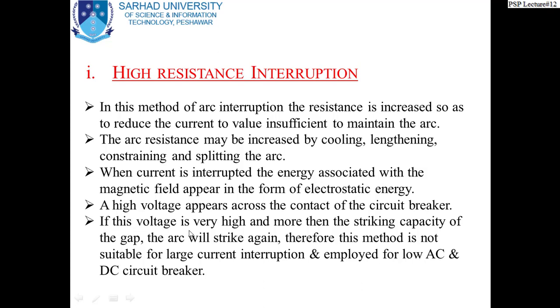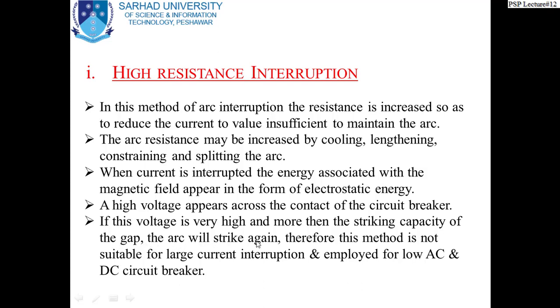Okay, if this voltage is very high, this is a very important point. If this voltage, I mean the transient voltage, is very high, you will see that transient spike is very high. If this voltage is more than the striking capacity of the air gap, the arc will strike again.